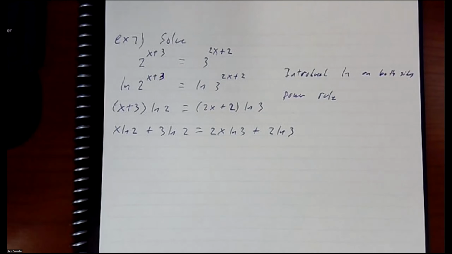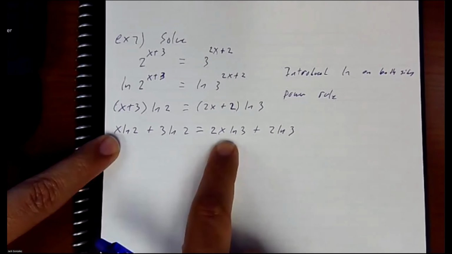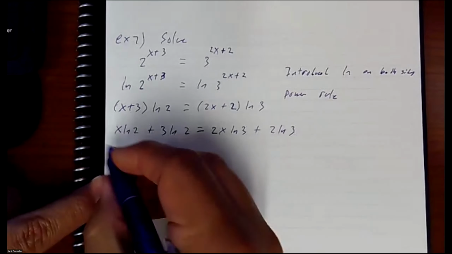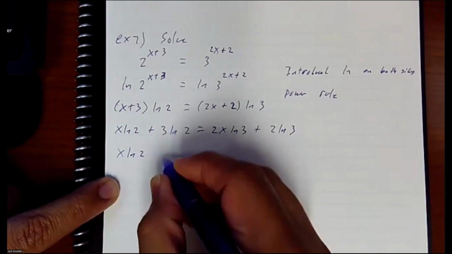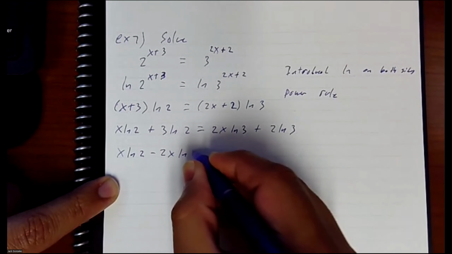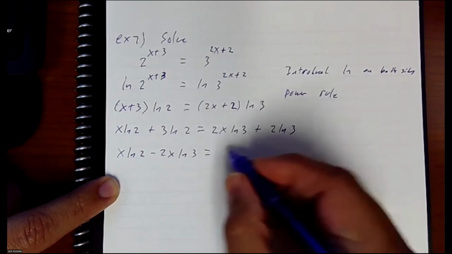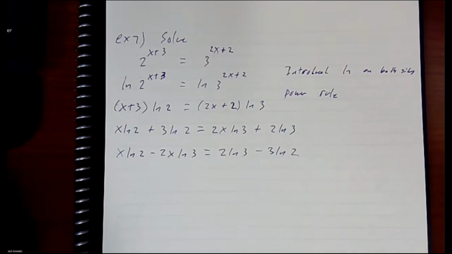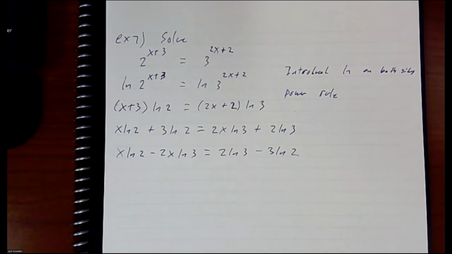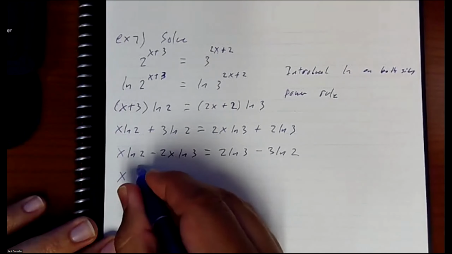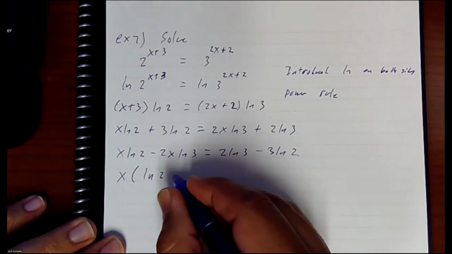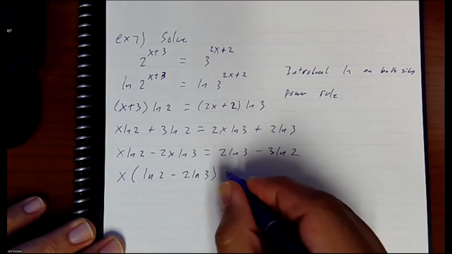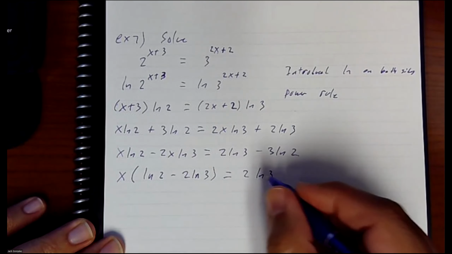So we're solving for x, right? That's what we're doing. So move anything with an x to one side. I'll move this one over here and this guy over there. So that'll get me to here. Subtract this one over there. Gets me here. Factor the x in order to solve for it. That'll give me ln2 minus 2 ln3 equal to this thing.